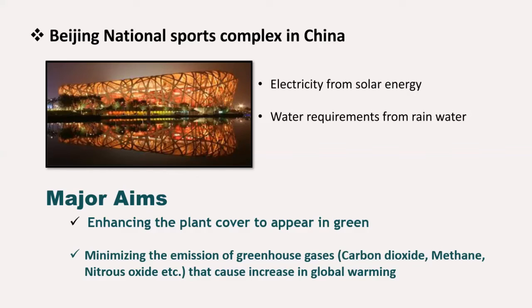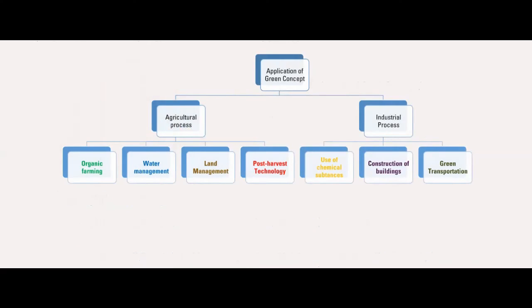To understand this concept better, let's look at some examples in which the green concept has been followed. Green concept can be applied in agricultural processes and in industrial processes. In agricultural processes, green concept is applied in organic farming, in water management and land management, thereby making sure the natural resources are conserved.